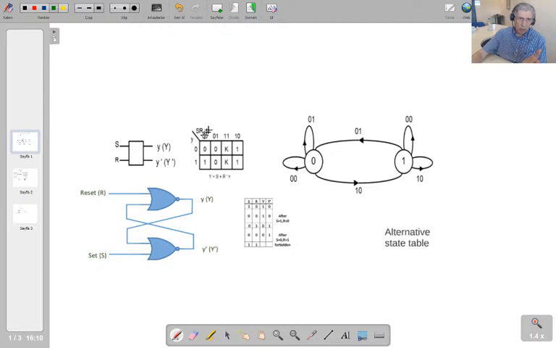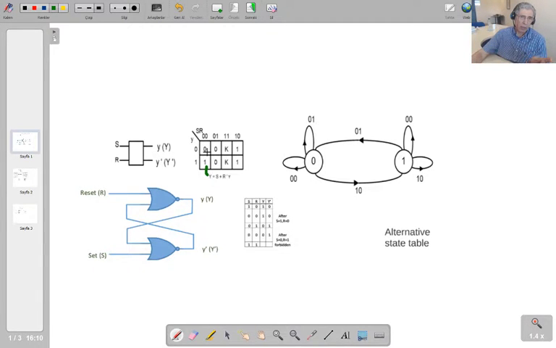For example, let's examine this one. If the present state is 0, that means your memory element's present state is 0. You applied input 0, 0. Your next state, which is capital Y, becomes 0. That means no change.